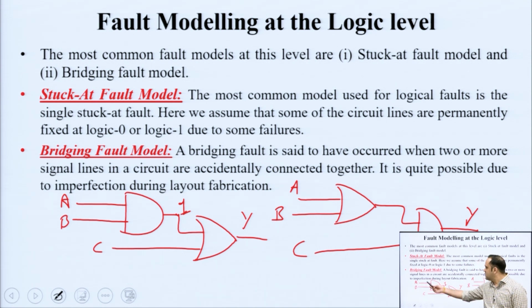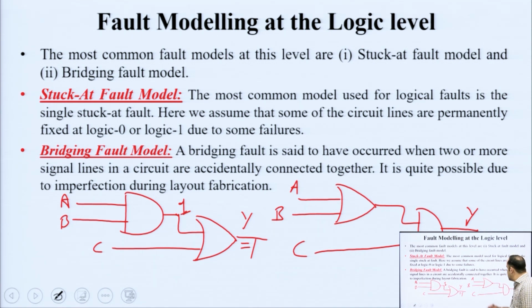It does not matter what A or B is, this point always remains at 1. So, I would say that this line is stuck at 1, because it is driving an OR gate, my output will always be stuck at 1. This type of fault is known as a stuck at 1 fault. Now, whatever input you provide at A, B or C, your output always comes out at logic 1, right. This is a stuck at 1 fault.